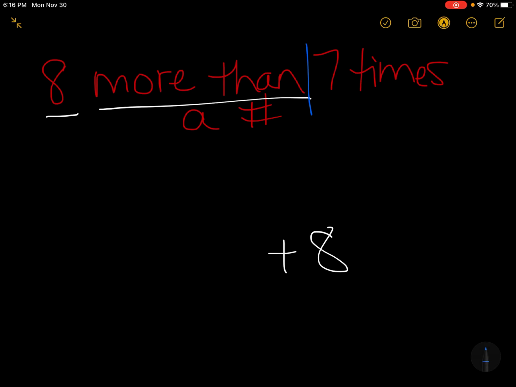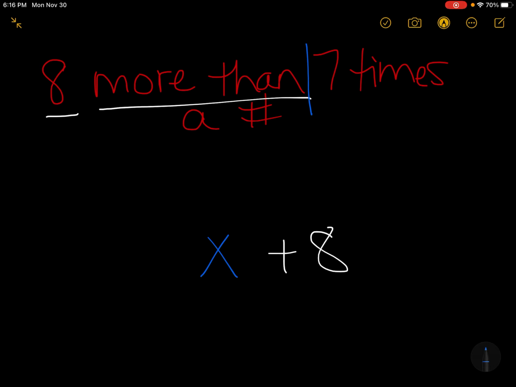Well, what number? And in this case, we're going to choose a variable to put in here because we don't know exactly what that number is. So we can say our number is going to be x. Whatever is going to stand in that place will be perfect.